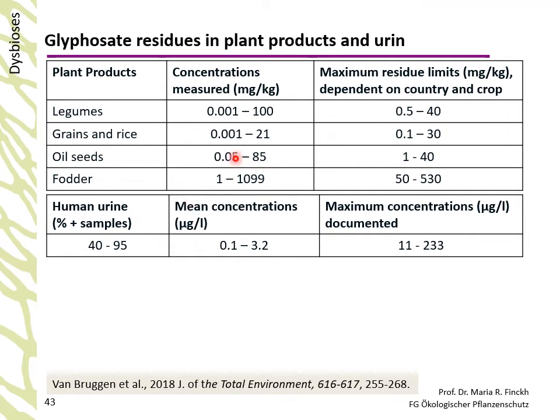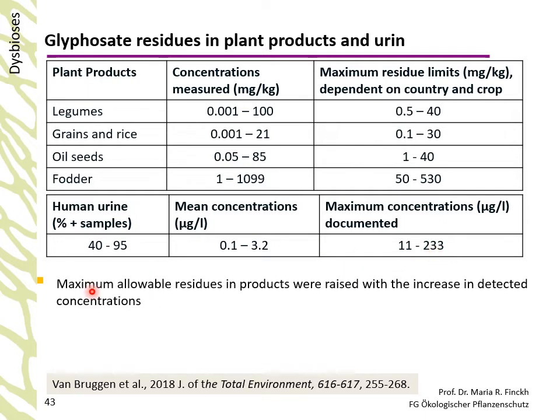But still, 0.001 is 1 microgram, and so up to 3.1 micrograms means 0.003. It comes up to what we find in the crops already. And the maximum concentrations documented are up to 233 micrograms per liter. That means 0.2 milligram. So it's dramatic.